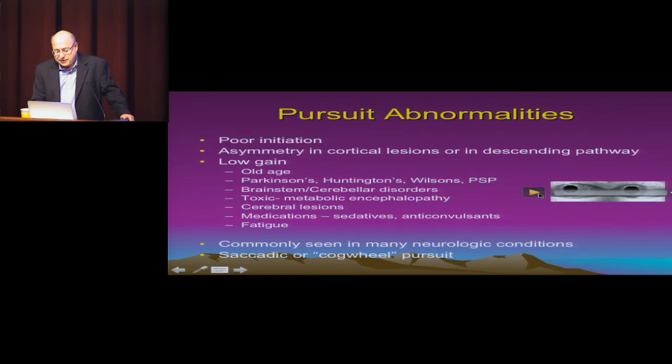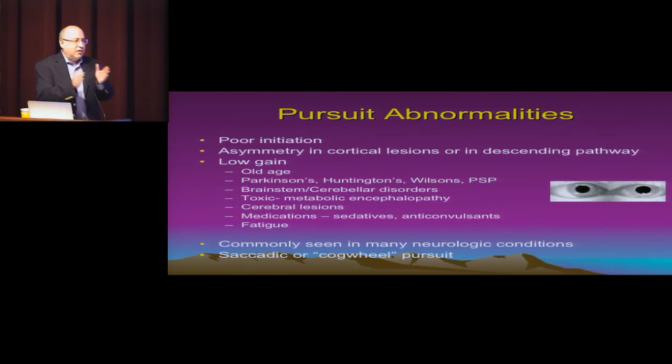Classically, we see it in Parkinson's disease, but you could see it in a lot of neurologic diseases. So here's a person trying to make smooth eye movements, following a target, but you see these little jerks. So this is saccadic pursuit. In Parkinson's, sometimes in the neurologic literature, they'll call it cogwheel pursuit, just like the cogwheel rigidity.